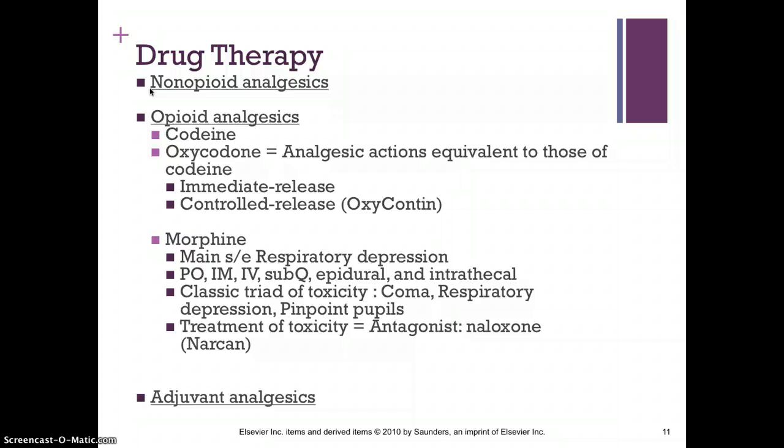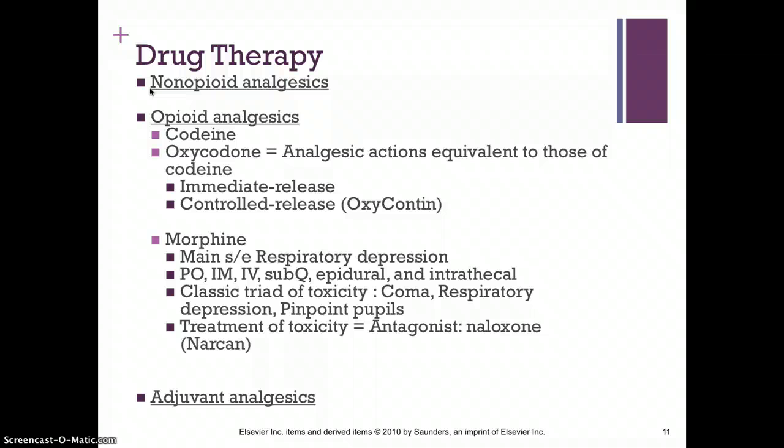Okay, so the final category is our adjuvant analgesics, and I touched on these before. This category is our anti-anxiety, antidepressant medications, also anti-seizure medications. So how does that work? Let's think about this. A lot of patients who have high chronic pain also suffer from depression.